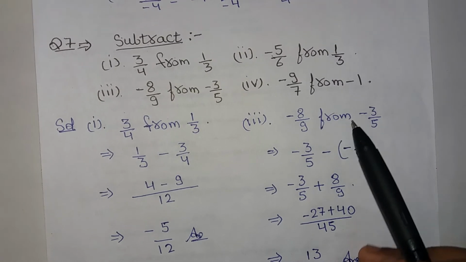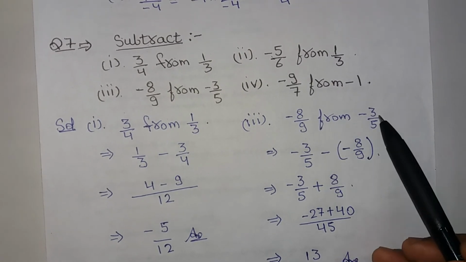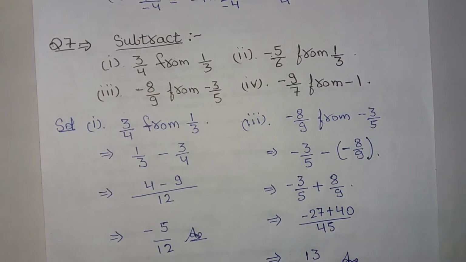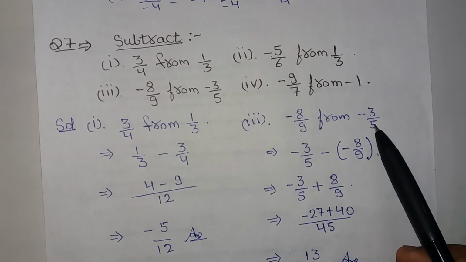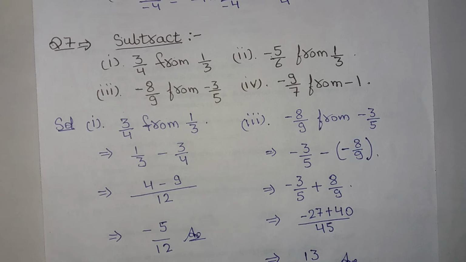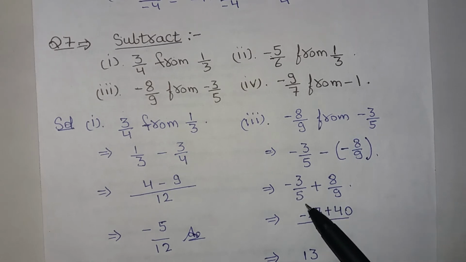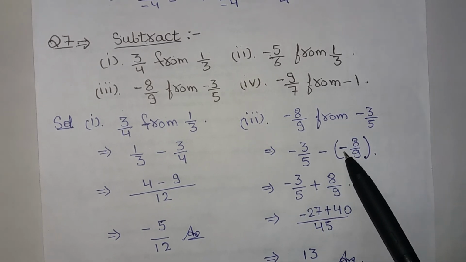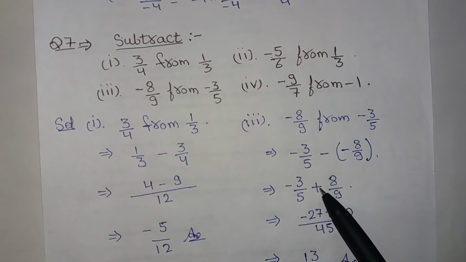Now see its third part, minus 8 upon 9 from minus 3 upon 5. So here we have to write minus 3 upon 5 minus minus 8 upon 9. So it will become minus 3 upon 5 plus 8 upon 9, as we know, minus minus will be plus.